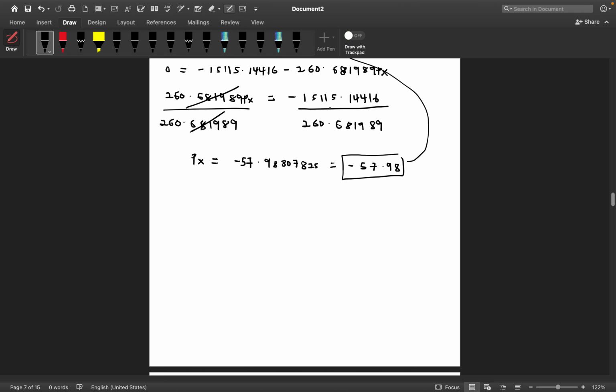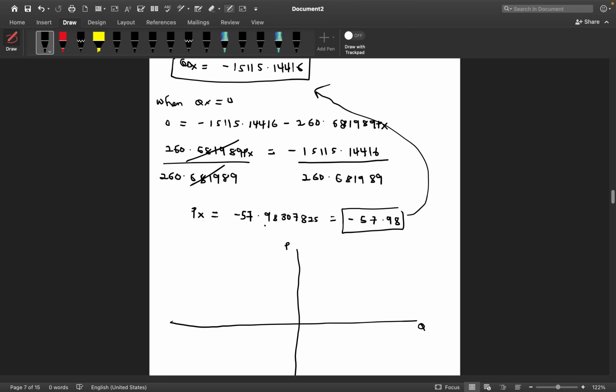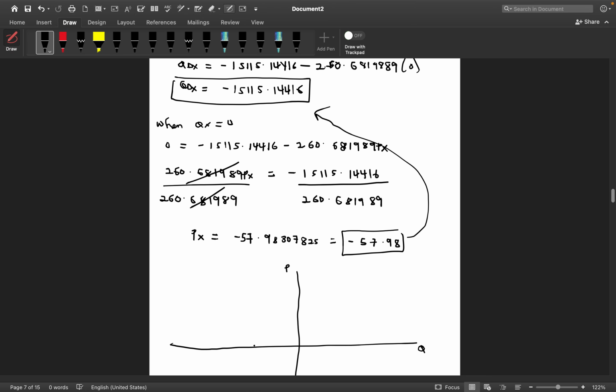So we've been asked to sketch. So I have this. This is quantity. This is price. So we have negative quantity. So we had a negative quantity to be minus 15115.14.